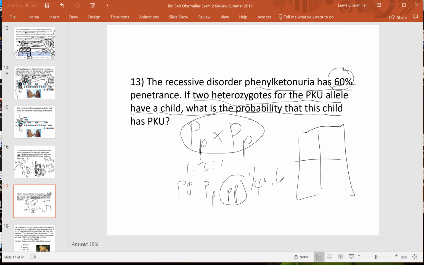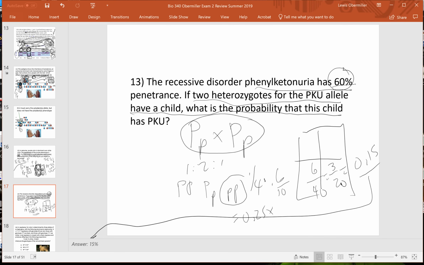So 1 divided by 4 is 0.25 times 0.6. We could just do this as 6/10, so that would give you 6/40, which would reduce to 3/20. 3 divided by 20 equals 0.15, which is 15%.